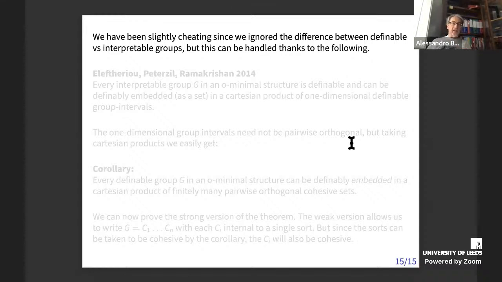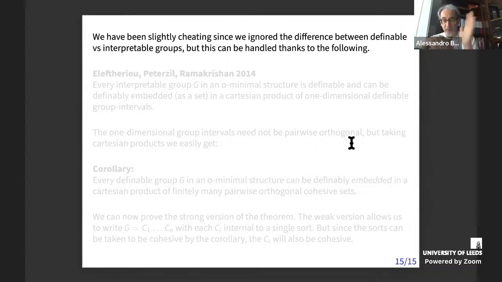So far, we have been slightly cheating because we ignore the difference between definable groups and interpretable groups. In particular, when I proved the definably compact case, I assumed for simplicity that your group was inside a product of two orthogonal sets. In general it may simply be interpretable in the disjoint union, but not inside a product.